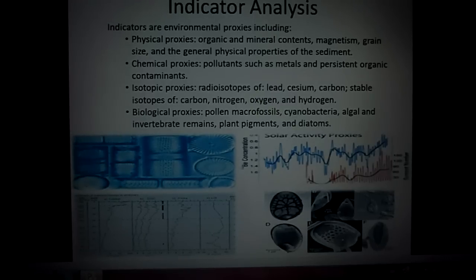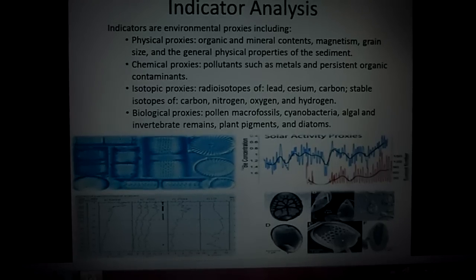Isotopic proxies, which are radioisotopes of lead, cesium, and carbon, and stable isotopes of carbon, nitrogen, oxygen, and hydrogen. And biological proxies, which are pollen, macrofossils, cyanobacteria, algae, invertebrates, remains of plant pigments, and diatoms.